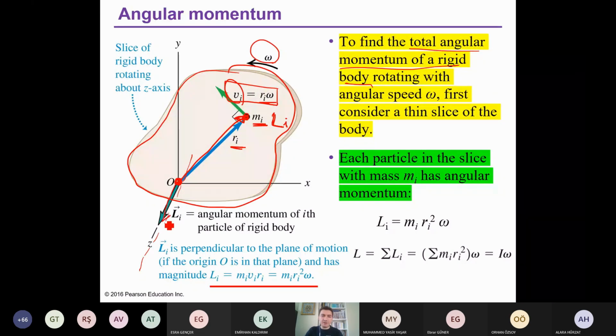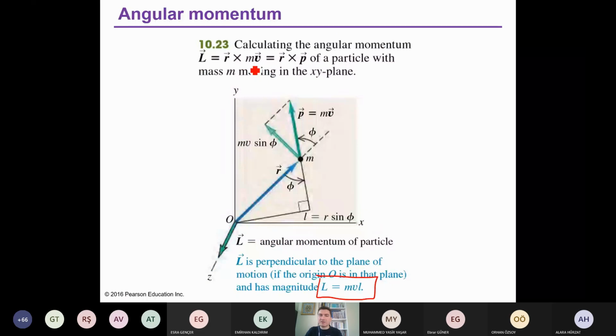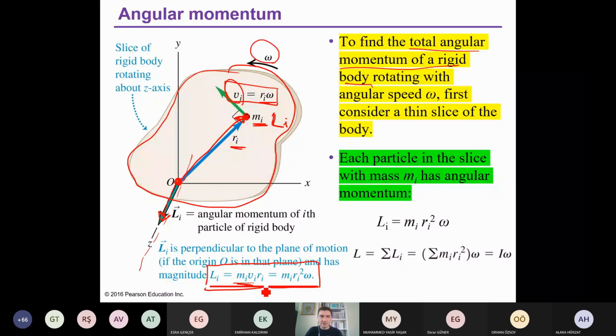We have done it here, okay. Angular momentum is given with mv times L, or r times mv, or r times p. So look at this one, mv times L. Instead of L, we have ri, the distance to the particle from the rotation axis.